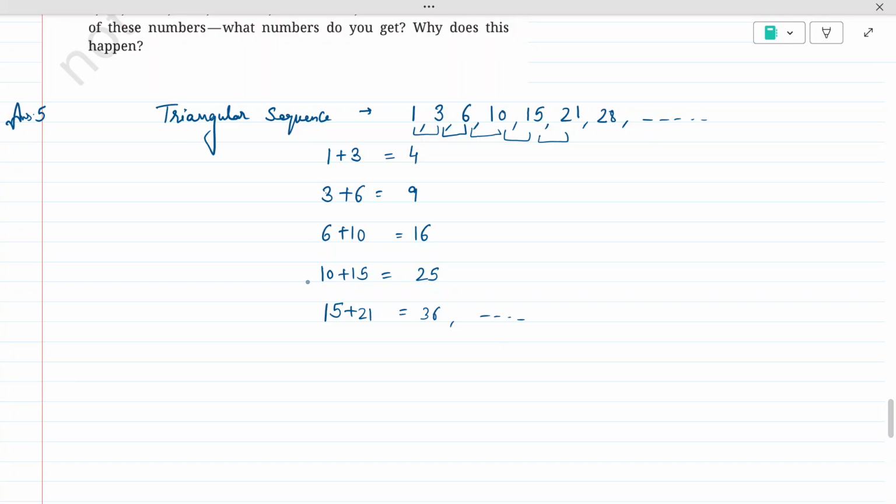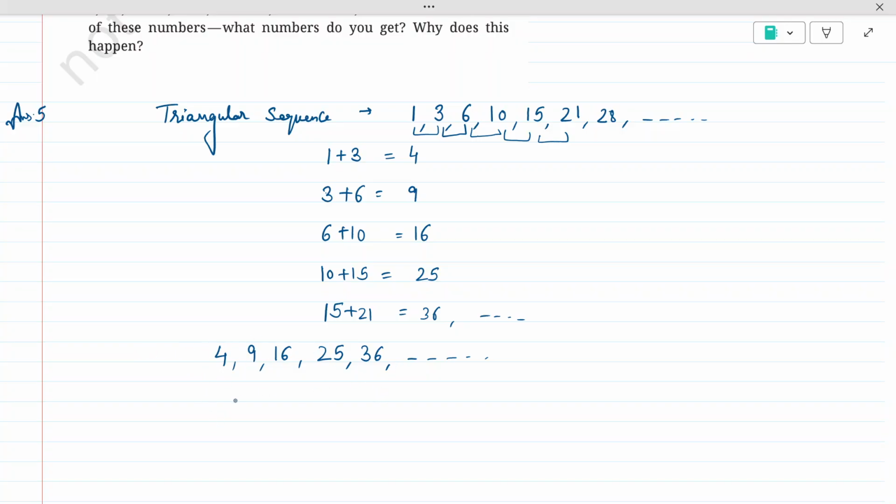Now I am writing these numbers in the form of a sequence: 4, 9, 16, 25, 36 and so on. These are the numbers which we have got here. So kids, now we can see the sequence and we know what the sequence is.